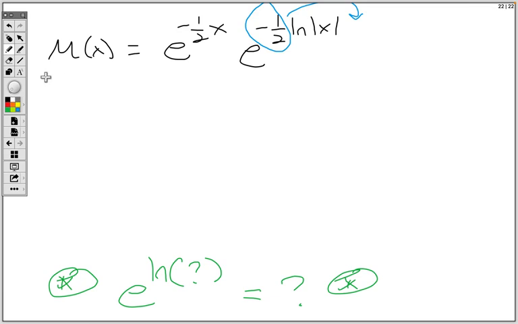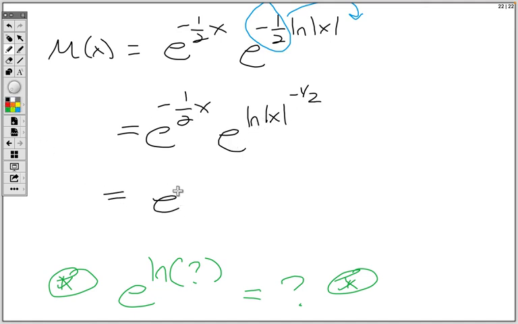I can put it up as an exponent inside the log. And now we're good to go, right? Now e to the natural log of whatever is that whatever. And then we get that. Okay? Everyone cool with the algebra there?